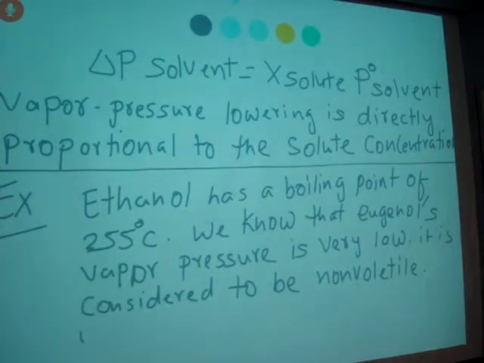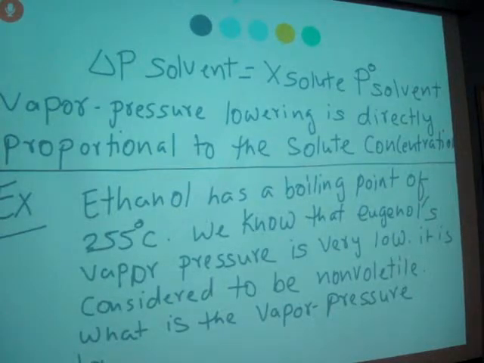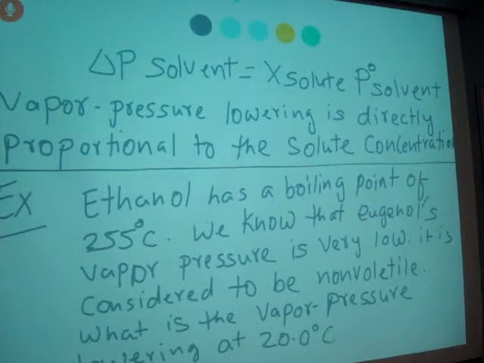Now we need to find out the water vapor pressure lowering. Vapor pressure lowering at 20.0 degrees Celsius of a solution containing 8.56 grams of eugenol in 50.0 grams of ethanol.